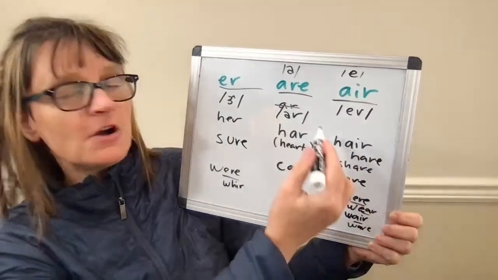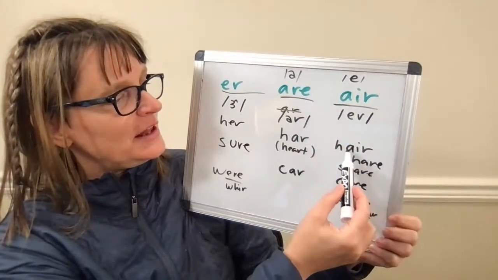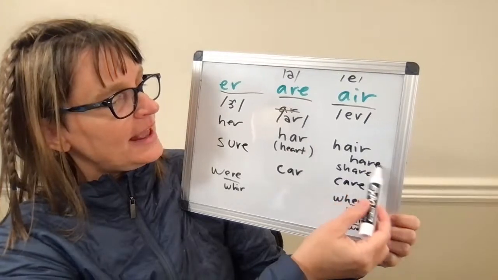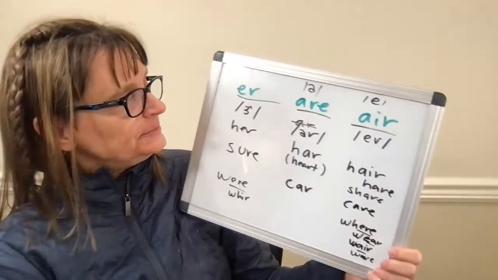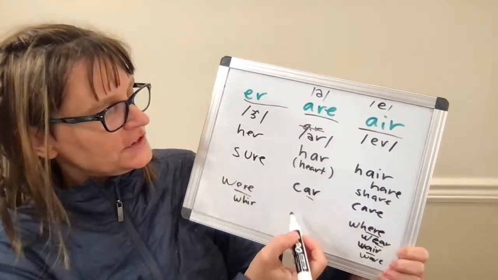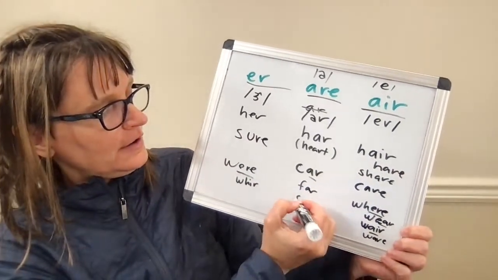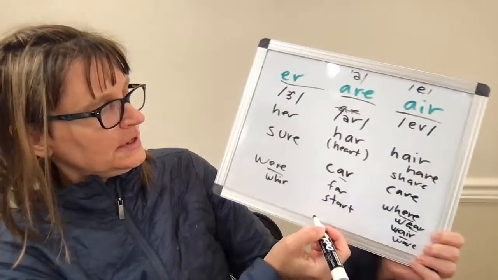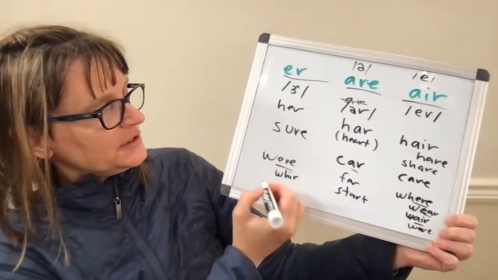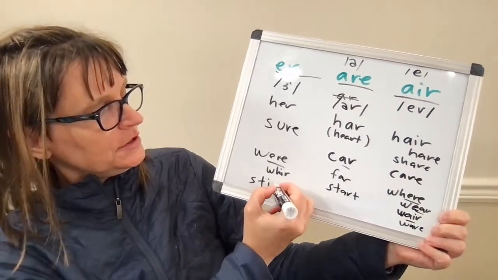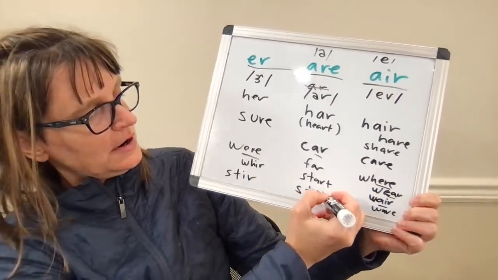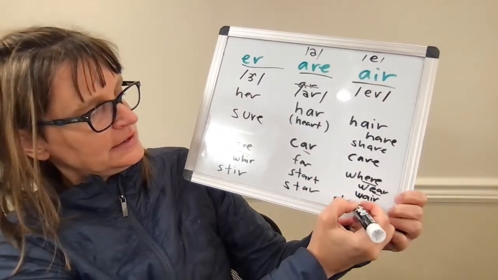So you do see there are patterns for air. We typically spell it with AIR or an A with an E at the end. For the R, it's often just the AR with no E at the end, like car, far, start. Yeah, that's another one. So we have, for example, stir, star, and stare.